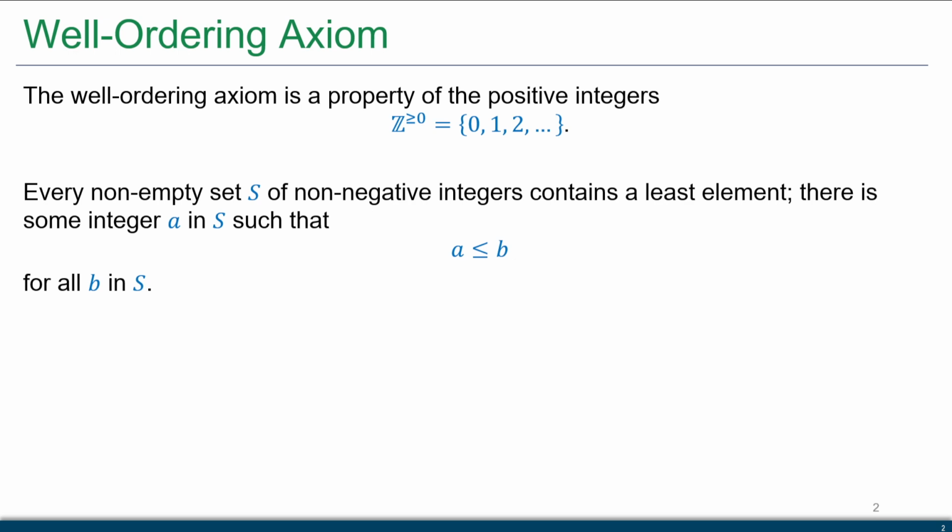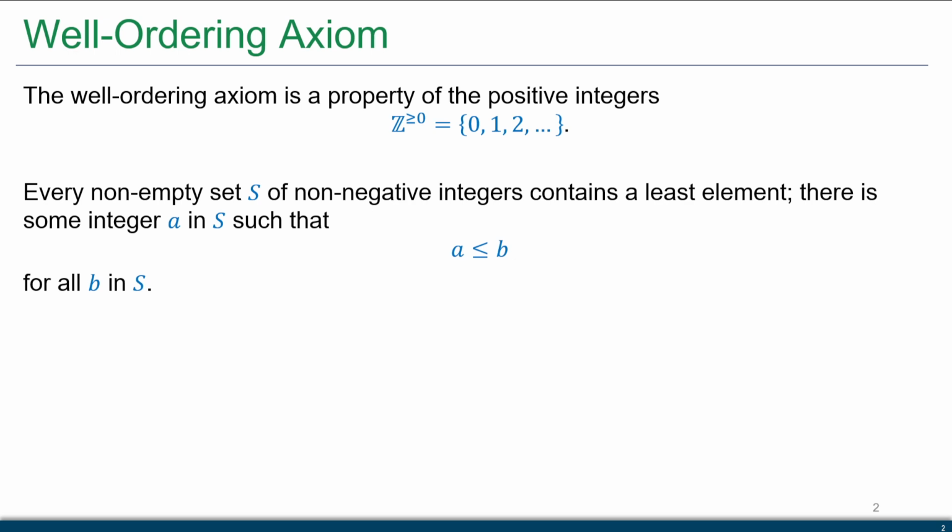The well-ordering axiom is a property of the positive integers, but not just the positive integers, but the integers starting at 0, going all the way up to positive infinity, so no negative numbers in there. And the axiom states that every non-empty set S, a non-empty subset of the non-negative integers, contains a least element.